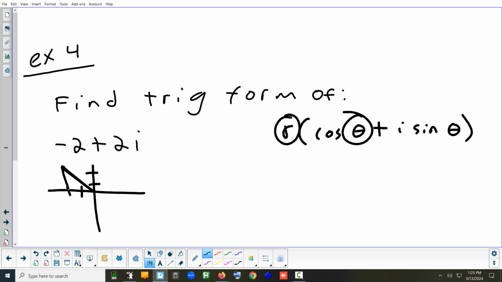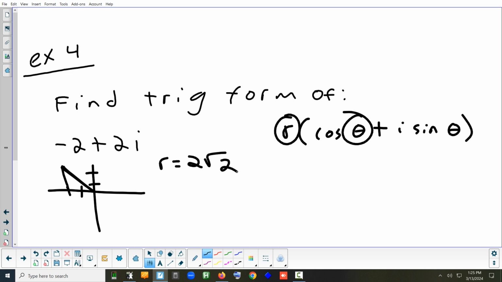Yep. Square root of 8, which reduces to 2 square roots of 2. So we start getting really good at Pythagorean theorem. Okay, so square root of 8, and that reduces to 2 root 2.